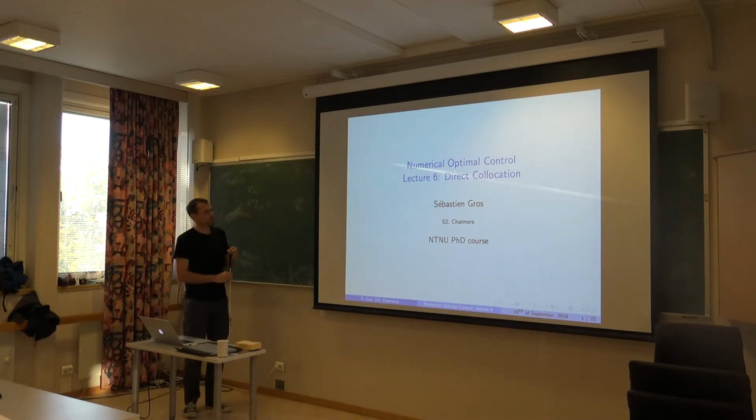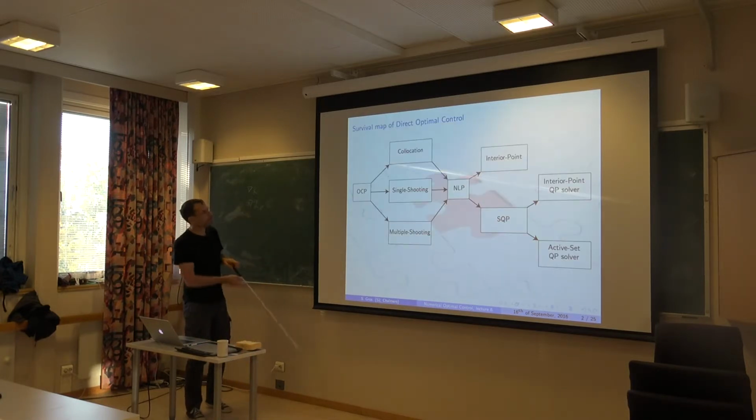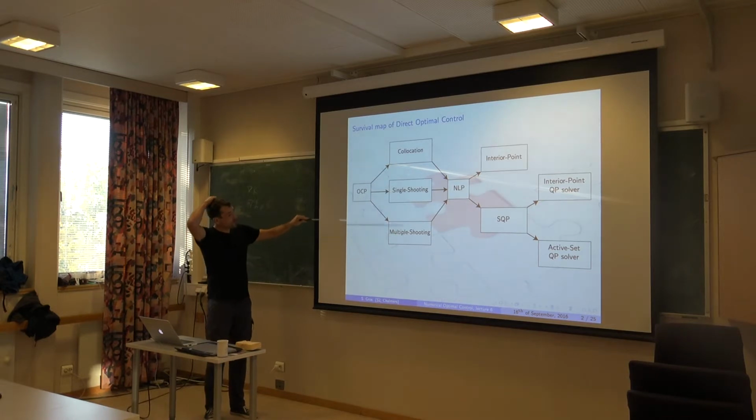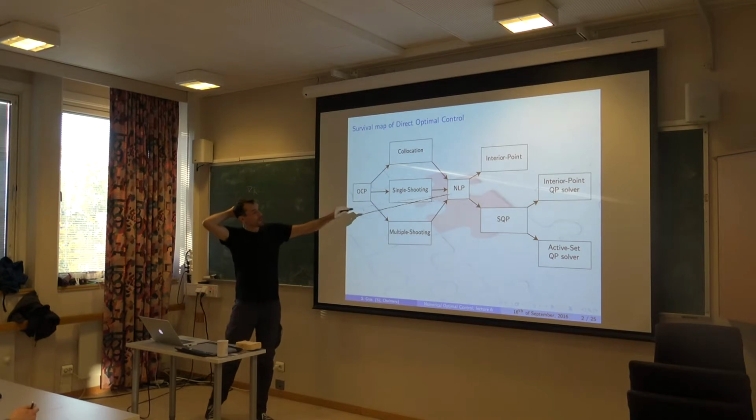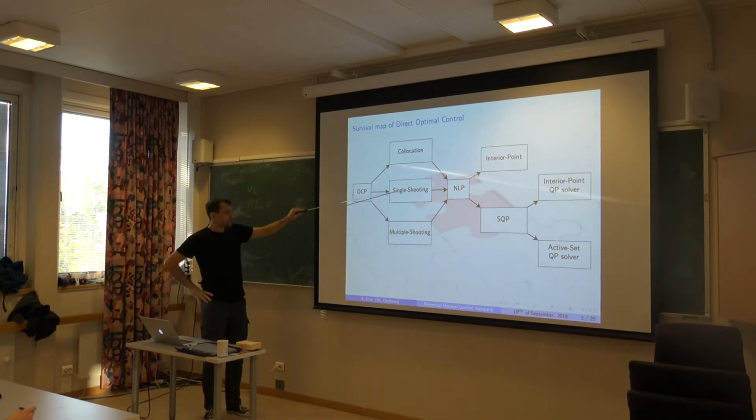So yesterday we saw shooting methods. That was essentially, we discussed these 2 boxes, how you transform an OCP into an NLP. Single shooting is not used so much, I would say, for the reasons we saw yesterday.